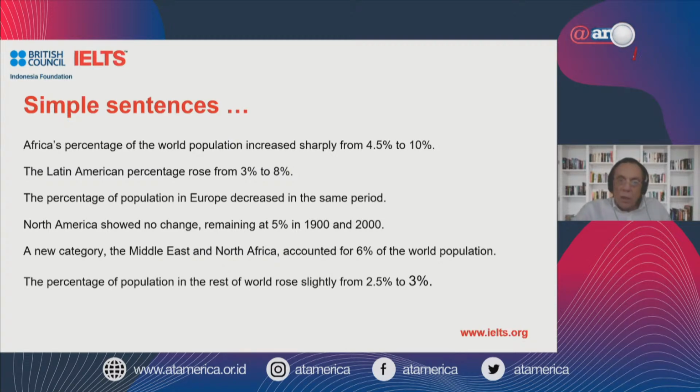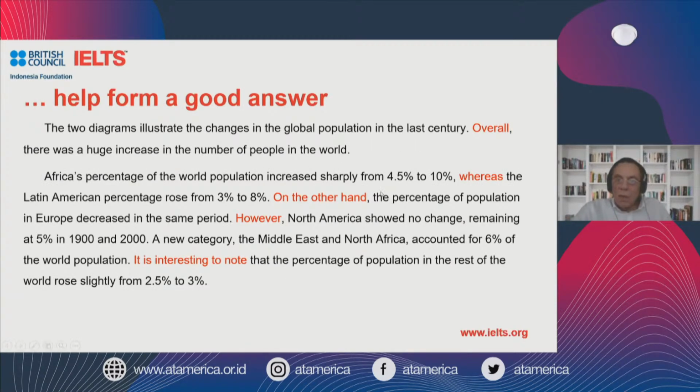So what you can do is use linking words. Overall, comma, most of them, I call them plug and play words. You've got your simple sentence, you plug and play overall, comma, on the other hand, comma, however, comma, it is interesting to know, no comma. Those kind of words will make your writing read smoothly.